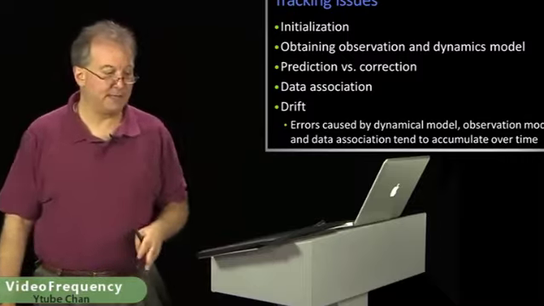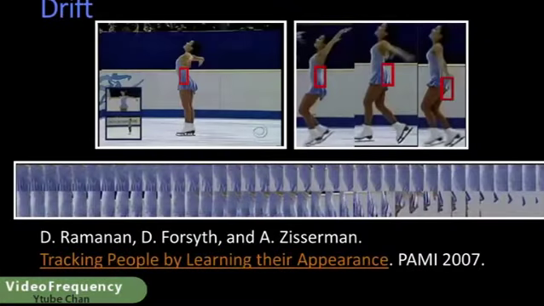The problem with that is when you do model update, you run into a situation like this. Okay, so this was actually taken from the Tracking People paper, although they were explaining how not to do tracking. So they've got this little box that's stuck on the middle of the ice skater, and each time they're updating something about the description, and eventually the box slides down, and what's not shown here is it might get stuck on the background markings in the rink.